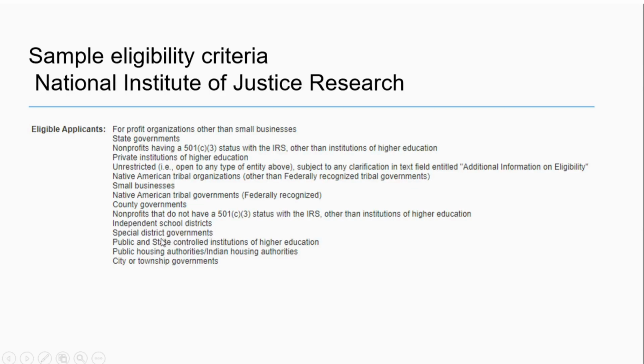It's also eligible for special district governments. If you are a public and state-controlled institution of higher education, such as a university, you can also apply. If you are a public housing authority or Indian housing authority, you can also apply. If you are a city or township government, you can also apply. So that's the eligibility. Before you apply for any grant, it is extremely important that you go through the eligibility criteria.